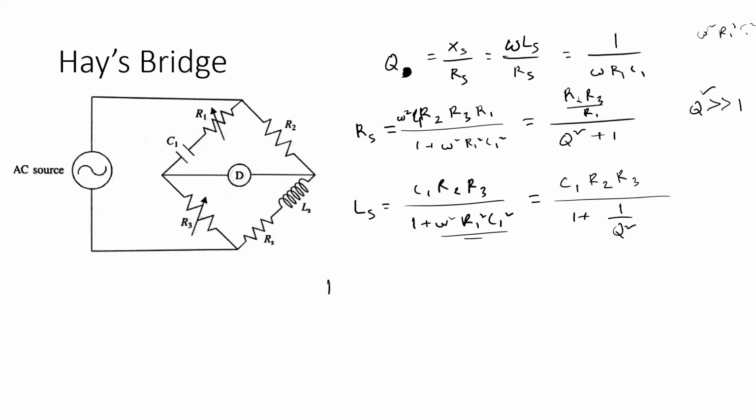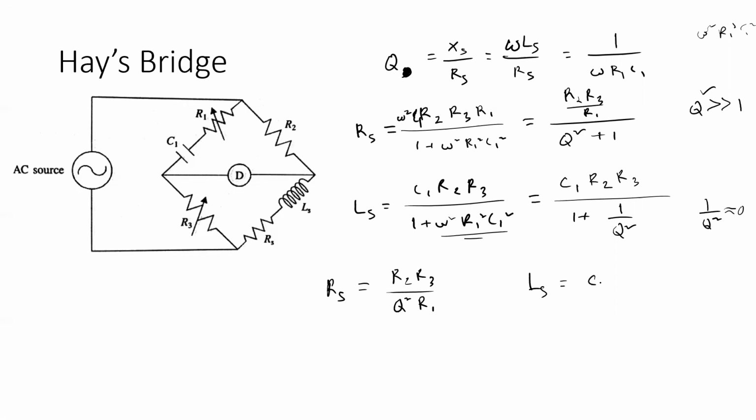So Rs can be written as R2 R3 divided by q square into R1. And for Ls, as the value of q is very high, 1 by q square will give us a value that is very close to 0.